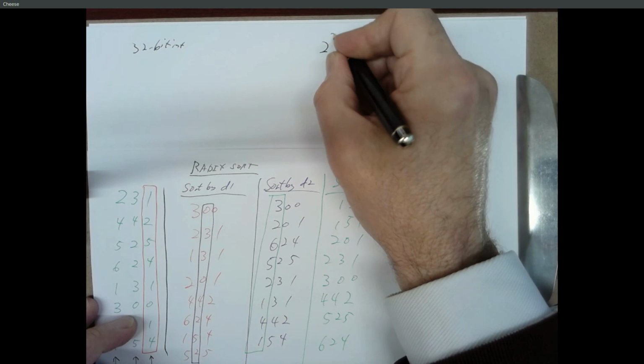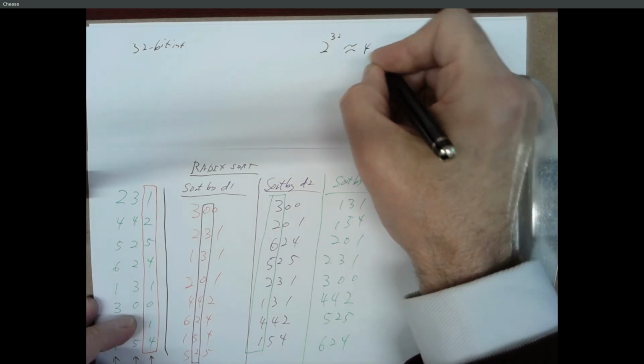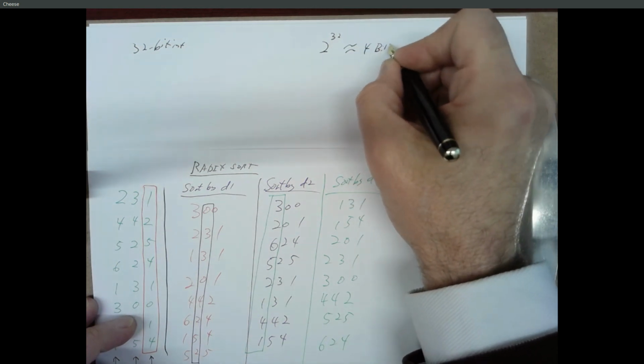If you bought hard drives back in the 90s, you would know this, because there was a fundamental limit on hard drives because the file system was 32-bit based. Is it around 65,000? That would be 16. So roughly the square of that. So 2 to the 32 is approximately 4 billion. So 4 gigabytes.